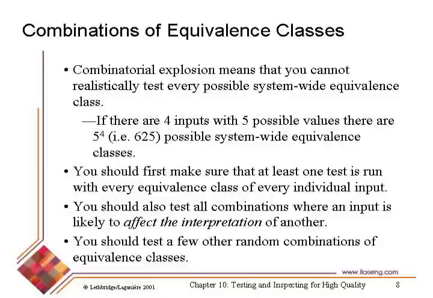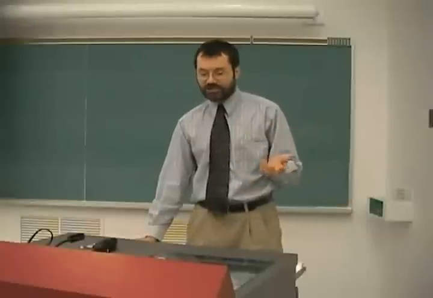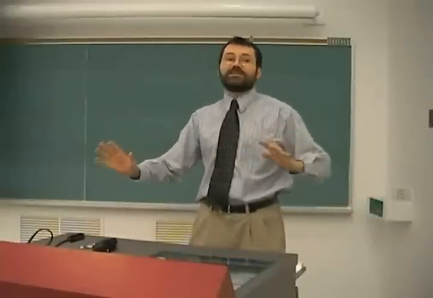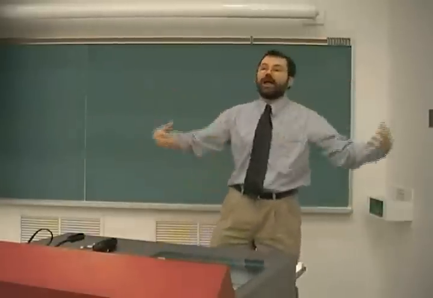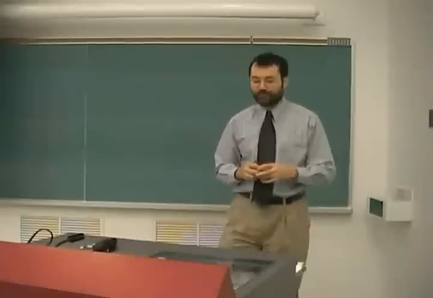Okay? Trouble is, if I try and do that, I'm going to have a combinatorial explosion of possible combinations. I have to check every possible value that makes sense with every other possible value, and that will break down. I end up with an explosion of possible inputs. If I have 4 possible inputs with 5 possible values, I have 5 to the 4 possible system-wide equivalence classes, which are combinations of values that work with each other, if I need to check all of them.